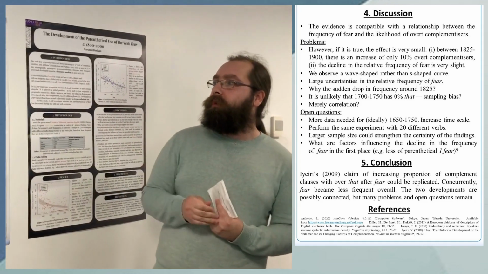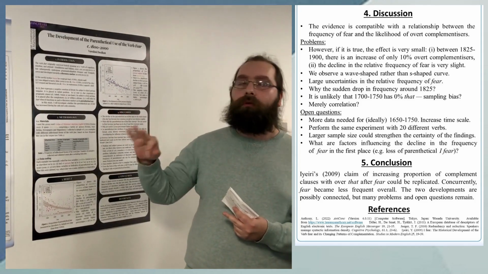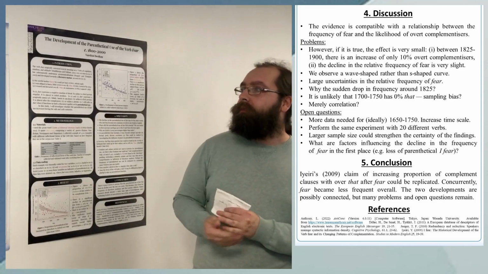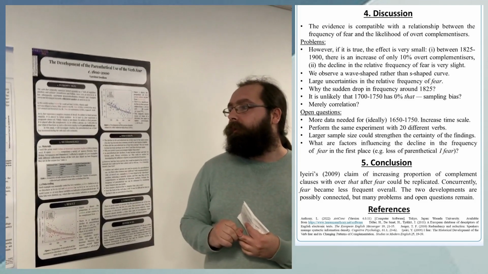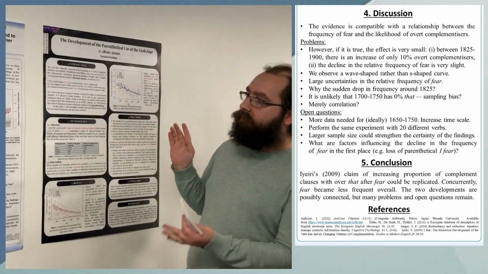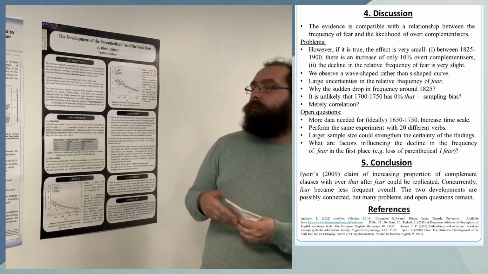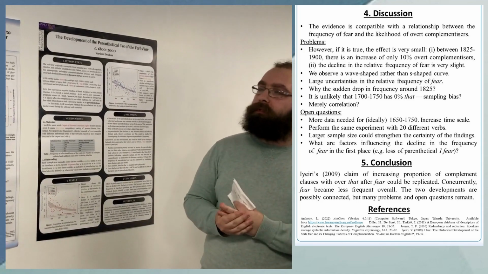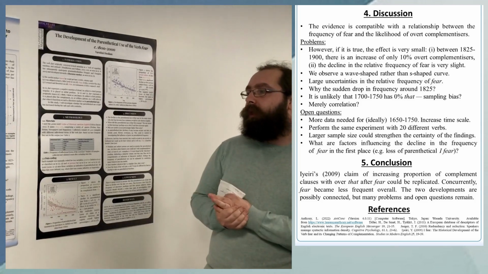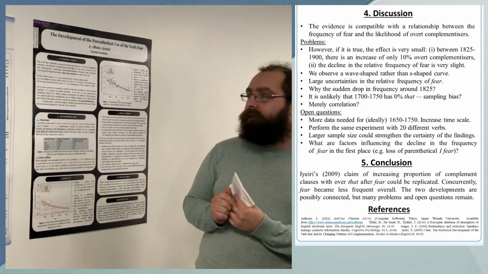And we also have to consider that it might just be a correlation, not a causation, so the two are unrelated. And these open questions could be answered if we get more data, and perhaps increase the time scale as well. Perform the same experiment with more verbs and see if they follow the same trends. A larger sample would strengthen the safety of the findings.